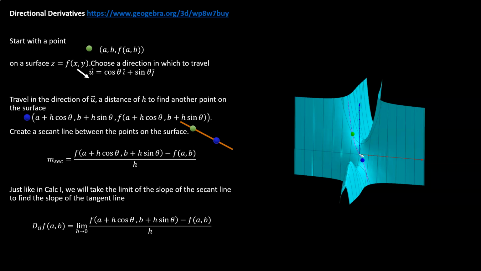Then we'll create a secant line between these two points, just like you did in Calc 1 when you first learned about a derivative. You generated a secant line, and then you allowed the limit of the slope of the secant line for the distance between the points to go to 0. And that's exactly what we'll do. We'll let the points become closer and closer until they're right on top of each other. In other words, h is going to 0.